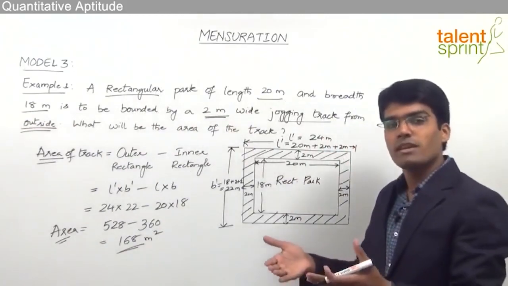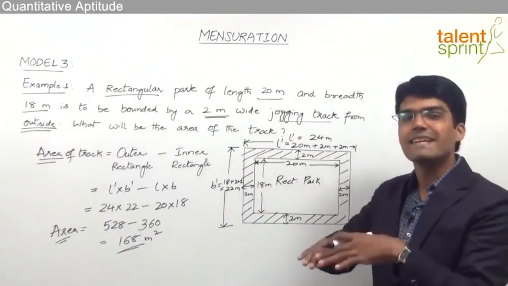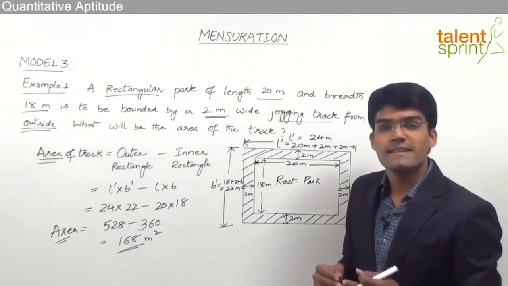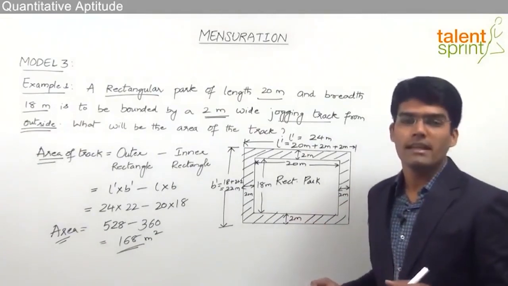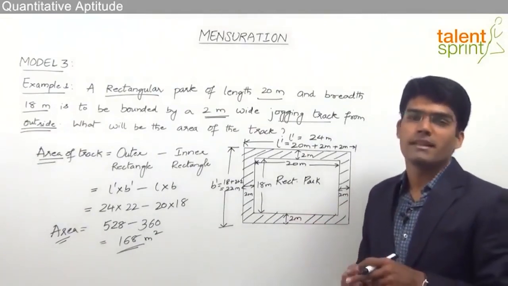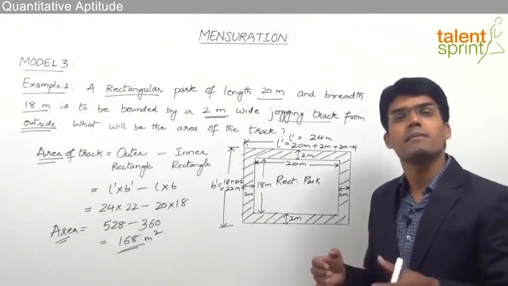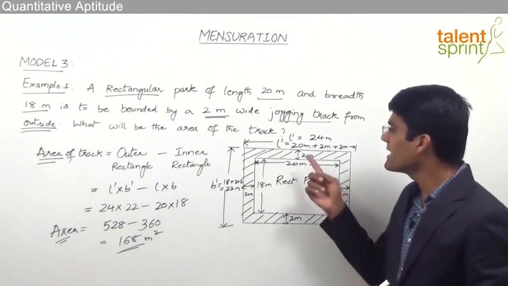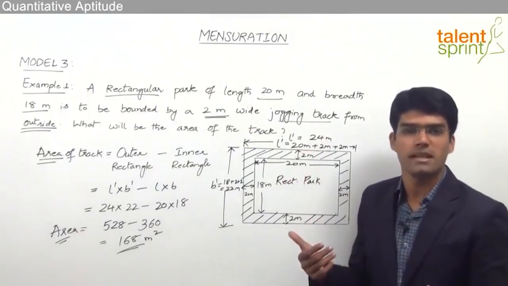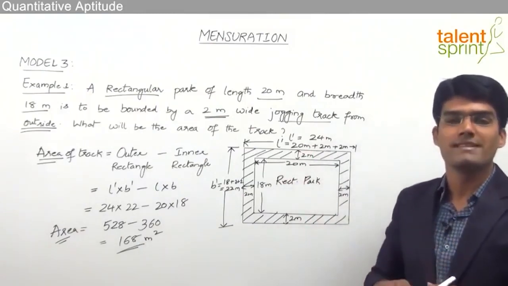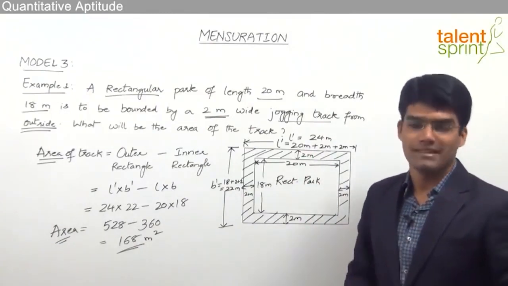Sometimes the jogging track or the footpath is constructed inside the rectangular park. So in those cases, the outer rectangle will be nothing but the rectangular park, and the inner rectangle length and breadth have to be calculated. There we simply take it as 20 minus 2 minus 2 and 18 minus 2 minus 2. So the same concept is applicable, but the only thing is we need to be careful. Is it constructed outside or inside?